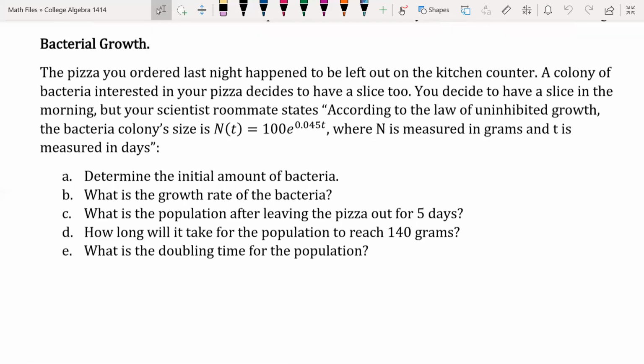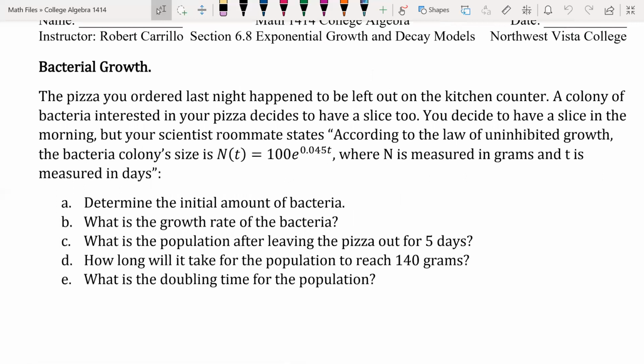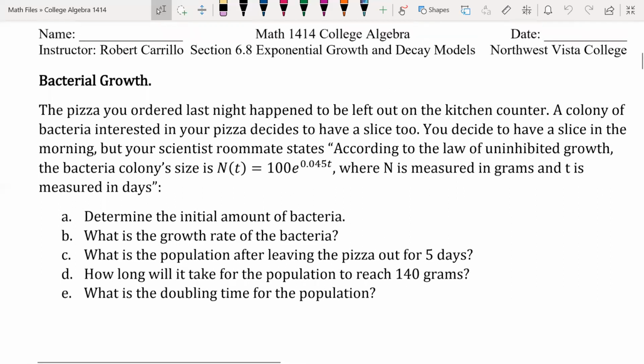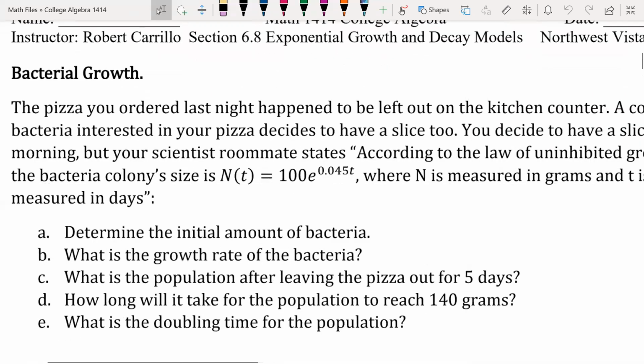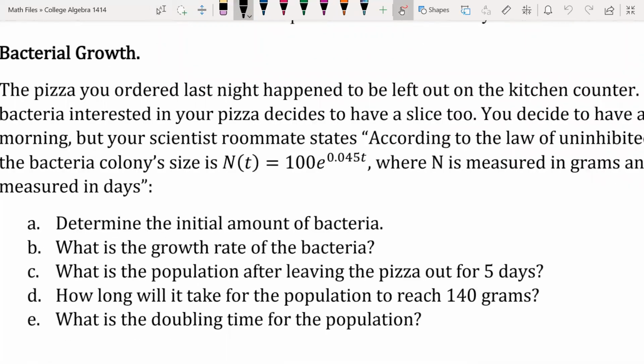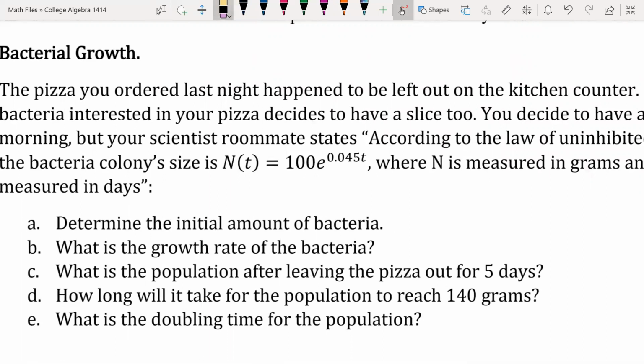Okay. So, A, given the function above, determine the initial amount of bacteria. So remember that this is modeled after n of t equals n initial times e to the kt.